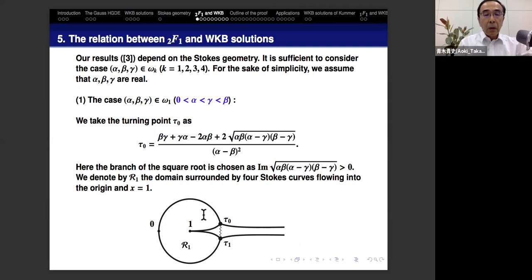And let R1 denote this domain that is surrounded by four Stokes curves flowing into the origin and x equals 1.